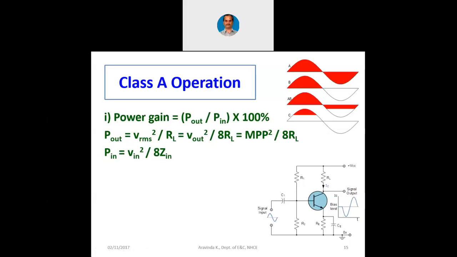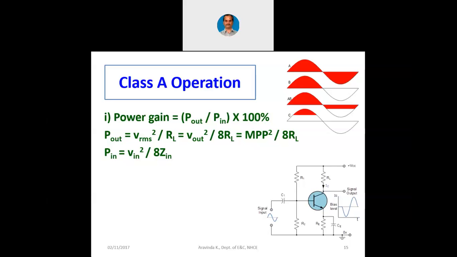In the case of power amplifiers, we want to find out the efficiency, because as the current is in amperes and voltage is in volts, the power will be in watts. Unlike small signal amplifiers, where our power consumption used to be in milliwatts and in many cases we could ignore it, in power amplifiers it will be in watts or sometimes kilowatts also.